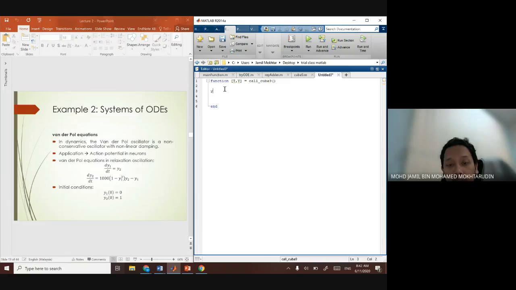For the initial condition, y naught equals, since you have two initial conditions, you need to create an array. The first one is 0, the second one is 1. This value 0 represents the initial condition for y1, and 1 represents the initial condition for y2.